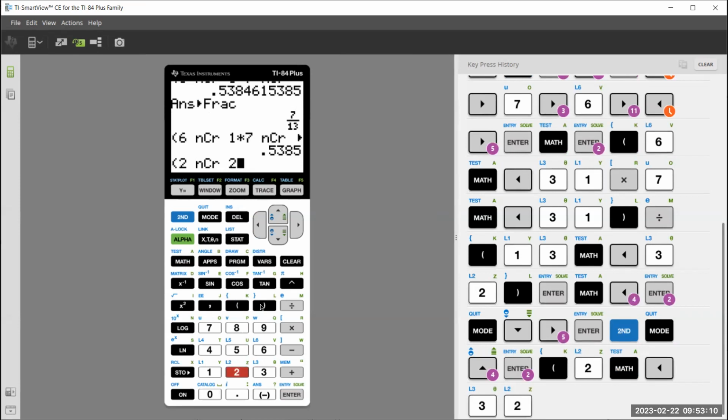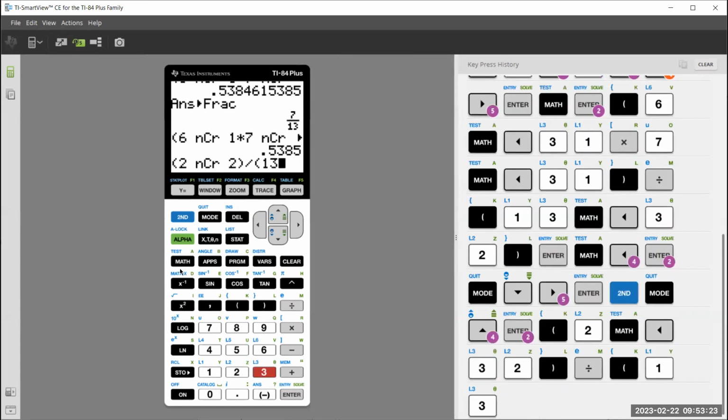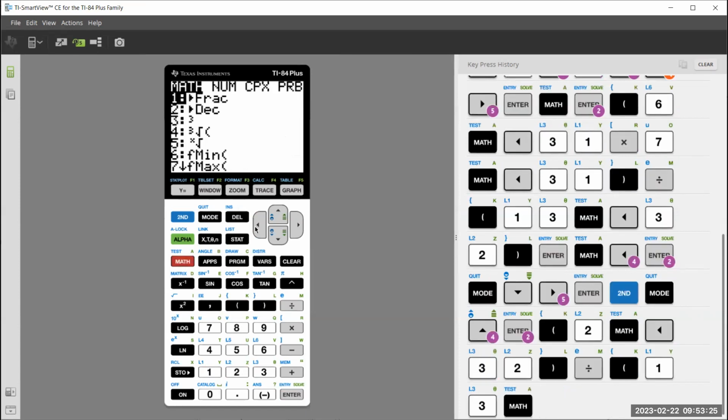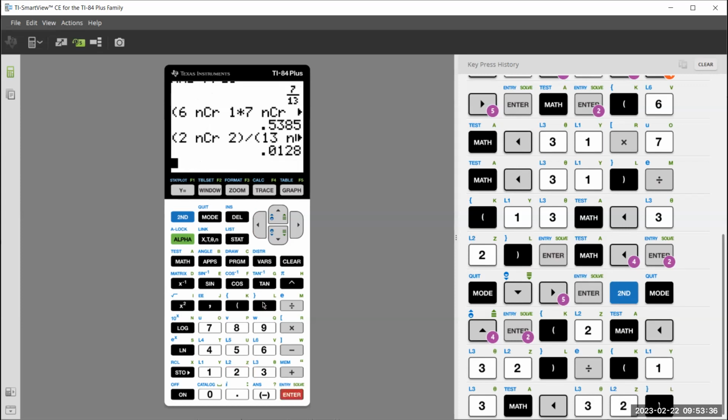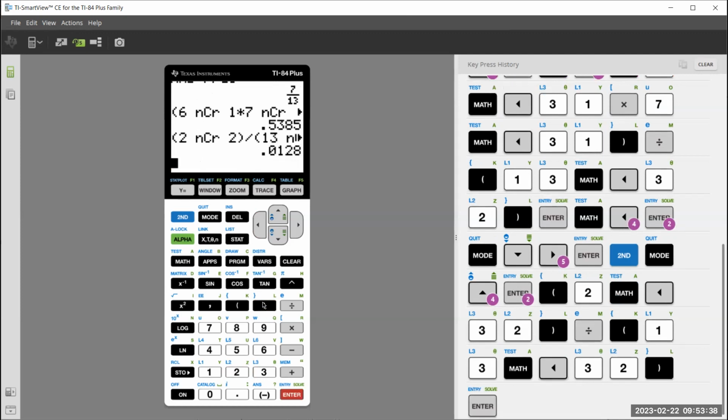The top is 2 choose 2 because we're choosing from the twins. We're dividing by 13 choose 2. So 13 math probability nCr 2. You hit enter. 0.0128. So a little more than 1%.